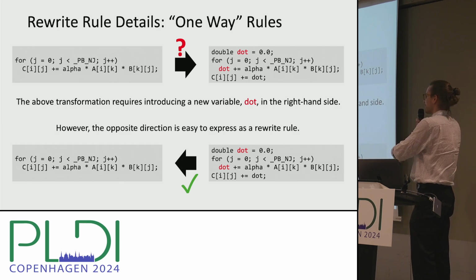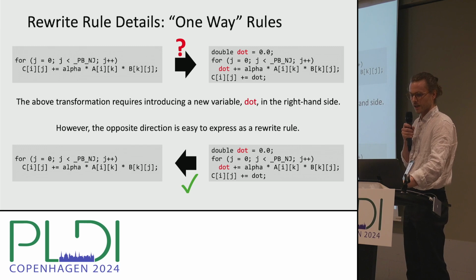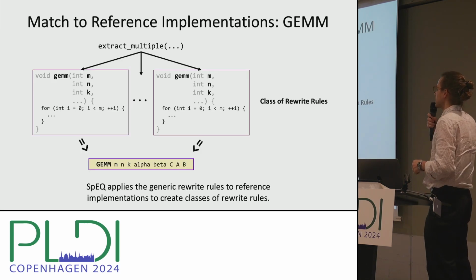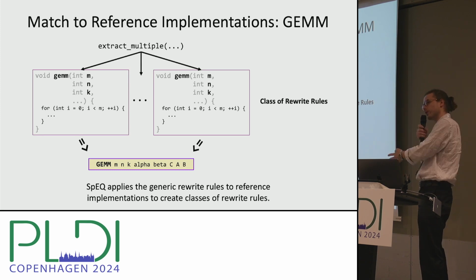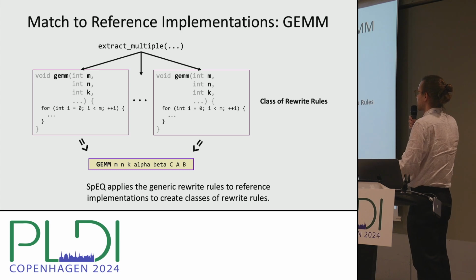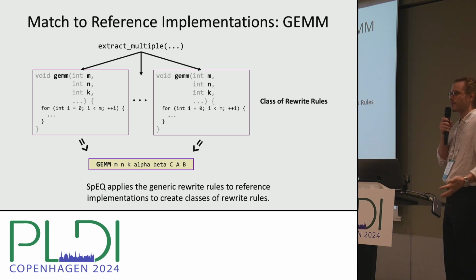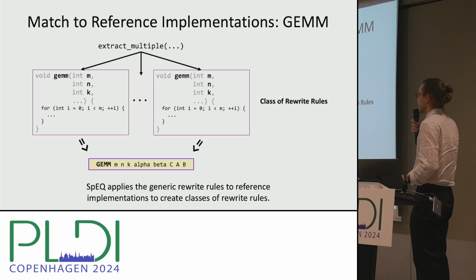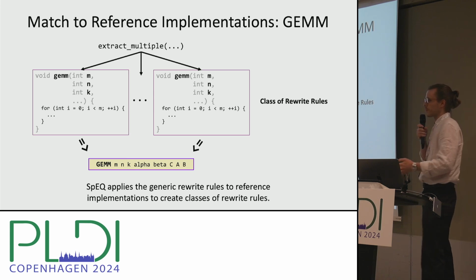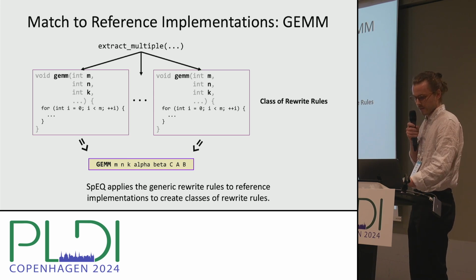But from a recognizing code point of view, it increases our coverage. So actually, instead of one reference implementation creating one rewrite rule, we create a class of rewrite rules for every reference implementation, based off the existing rewrite rules that we have. Okay, so that's how we get all of the actual rewrite rules that get used.